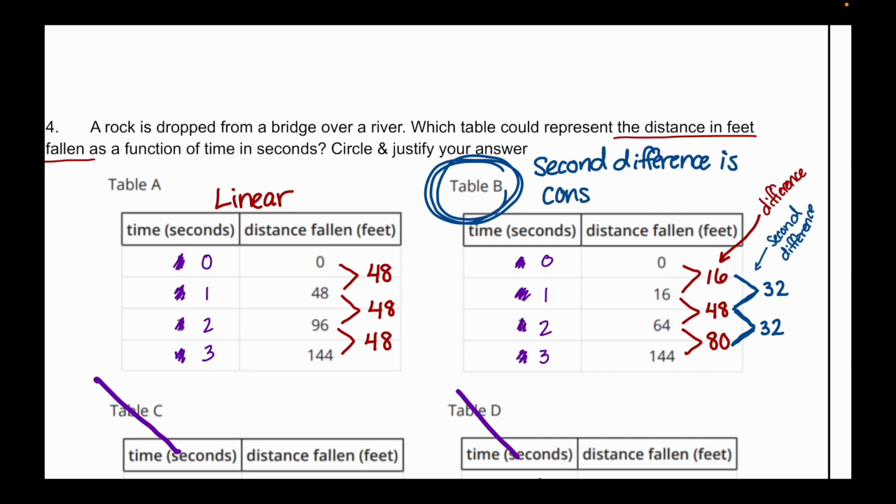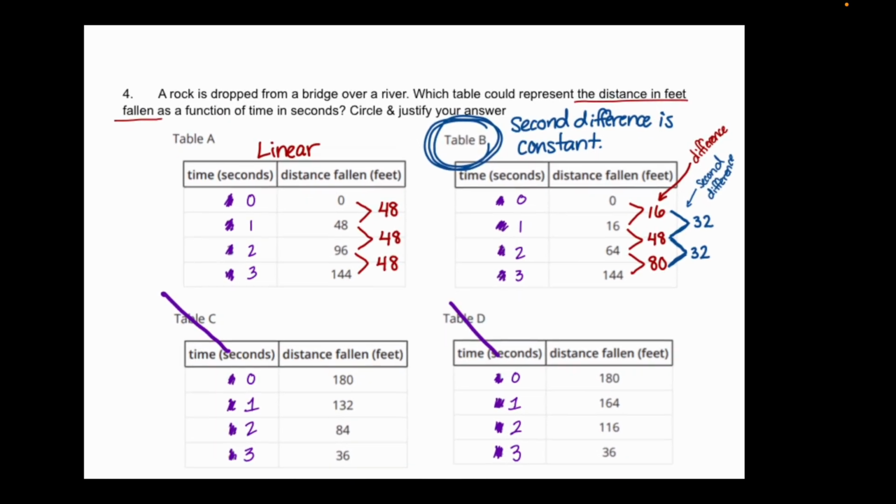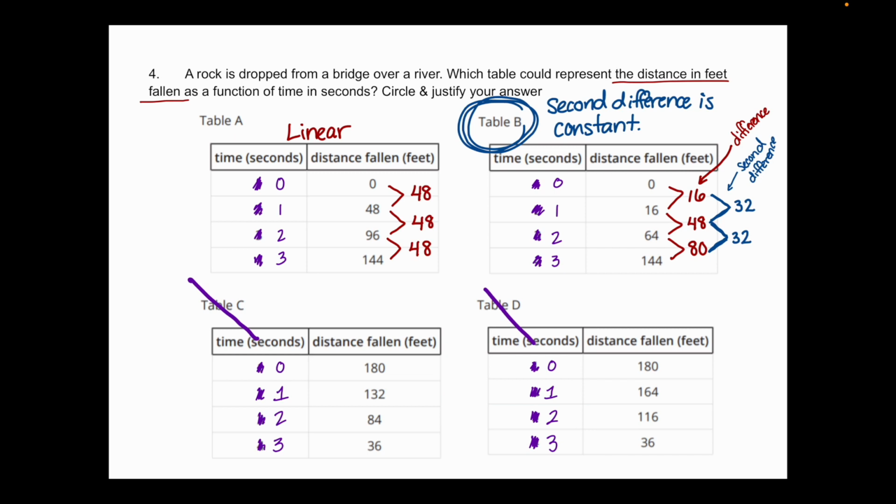That just means that it stays the same. Because the first difference is kind of like our slope, and so that's why table A, when we found 48 for that difference each time, tells us it's linear. But it's the second difference that tells us that something is quadratic.